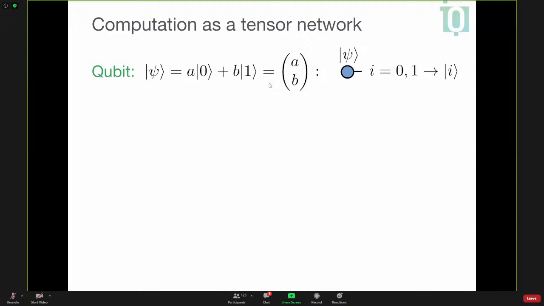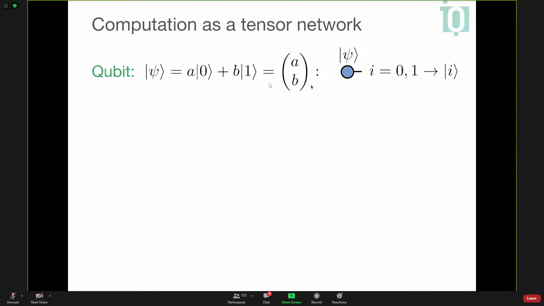quantum mechanics, right, and states in a Hilbert space. So, for example, a qubit is written as a vector in a state. The state of a qubit can be written as a vector in a Hilbert space of two basis states, 0 and 1. And this is what I'm writing here: the state psi of a single qubit as a vector.